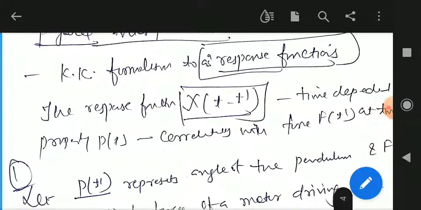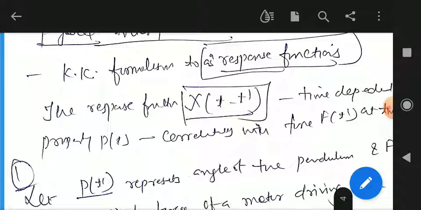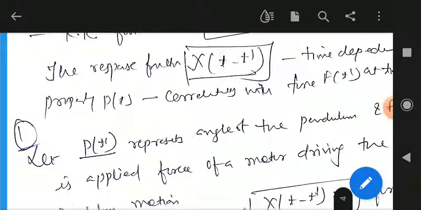So on applying a force, or we can say a torque, there is an angular displacement p of, say, a pendulum. In earlier classes we know very well that on applying an external force there is a variation of this one. So this is the correlation between these two.